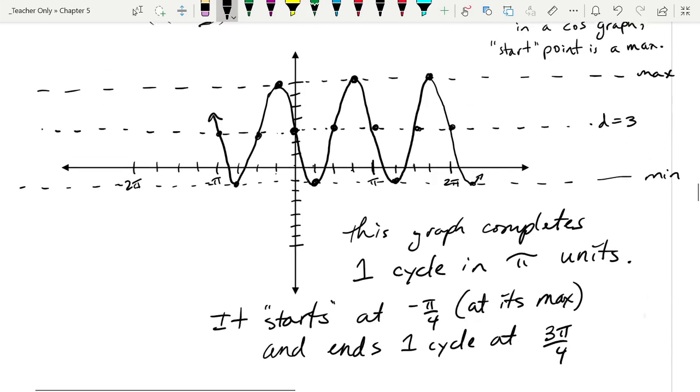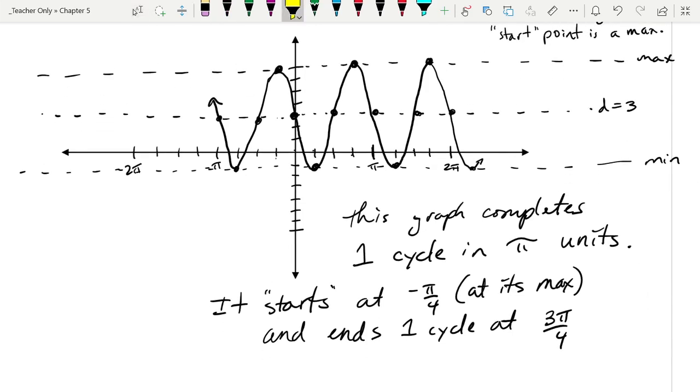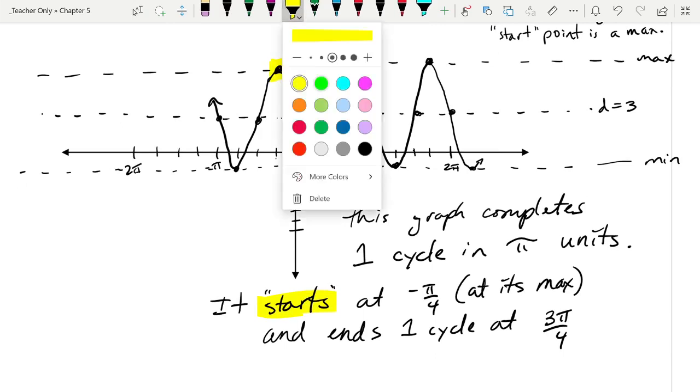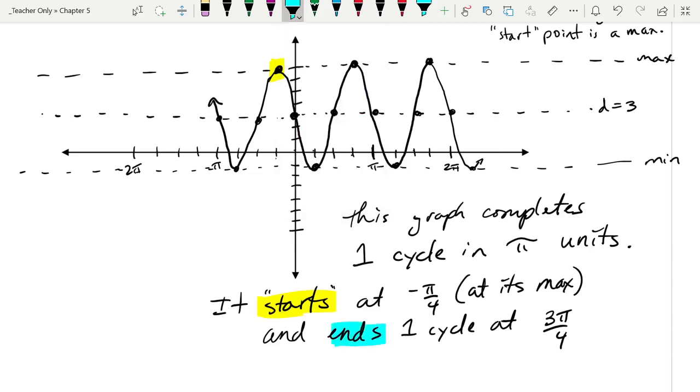So why don't I just use a highlighter? My starting point was right here. My ending point was right here. And then from there, I just counted everything else. So I could say that my maximums happened at negative pi by 4 and 3 pi by 4.